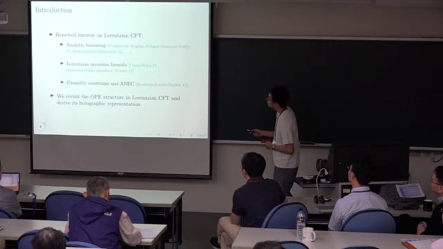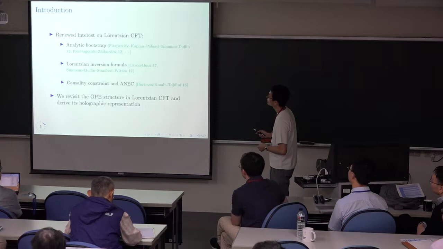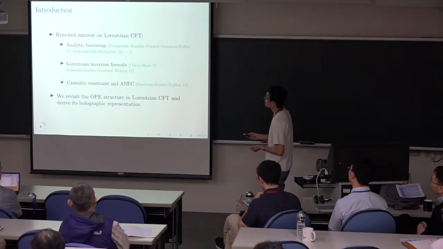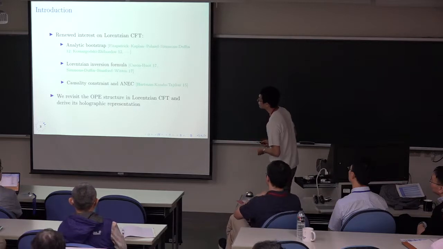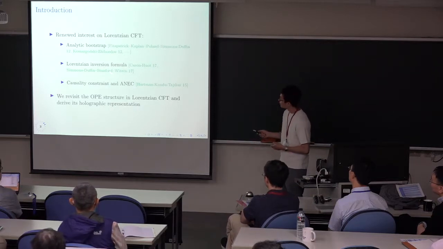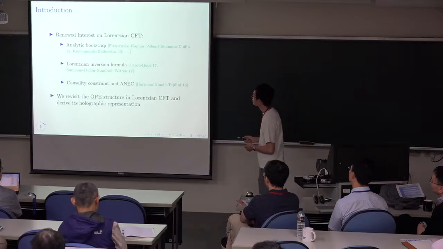There are also some applications on the light-ray OPE. You can derive the so-called ANEC, the averaged null energy condition, which is a very important assumption to derive the so-called Hofman-Maldacena bound about 10 years ago.